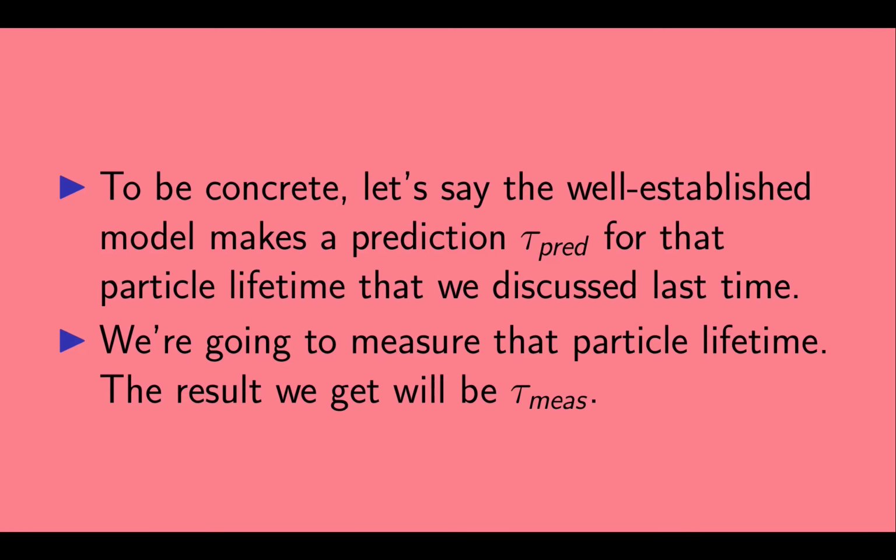To be concrete, let's say the well-established model makes a prediction tau predicted for that particle lifetime that we discussed last time. We're going to measure that particle lifetime. The result we get will be called tau measured.